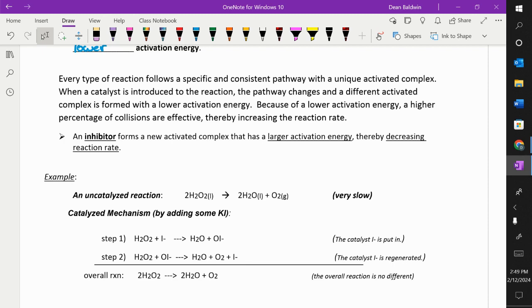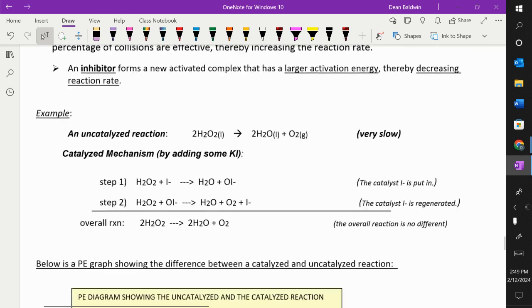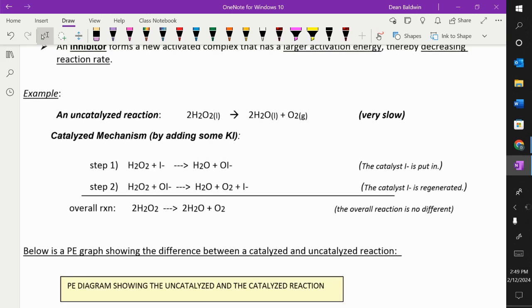All right. So here's our reaction. The uncatalyzed reaction. This is hydrogen peroxide decomposing into water and oxygen gas. This is elephant's toothpaste, basically. If you have potassium iodide, it breaks it into a reaction mechanism that has 2 steps.